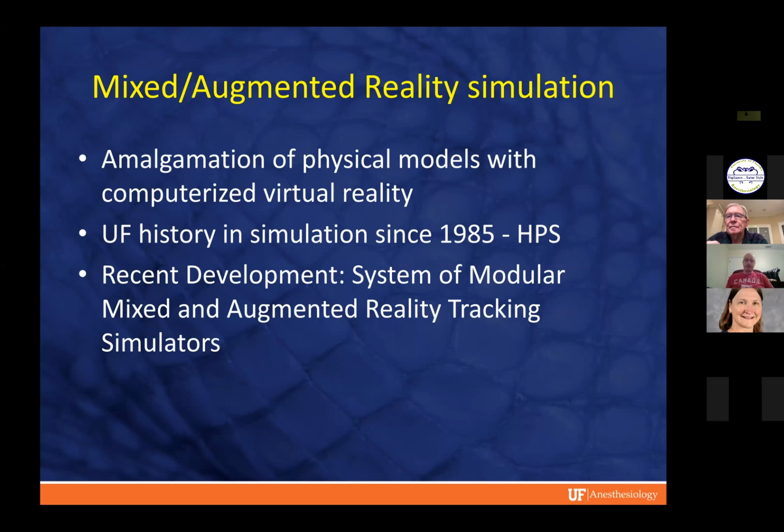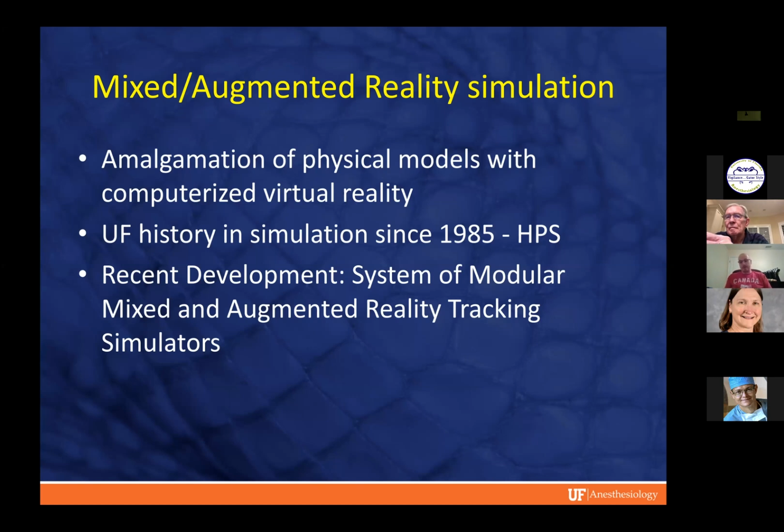And now with the advent of a lot of computer technology, we have the ability to explore what are called mixed reality or augmented reality, which essentially is taking technology to mirror virtual objects, things that only exist inside computer programming, and the physical world.